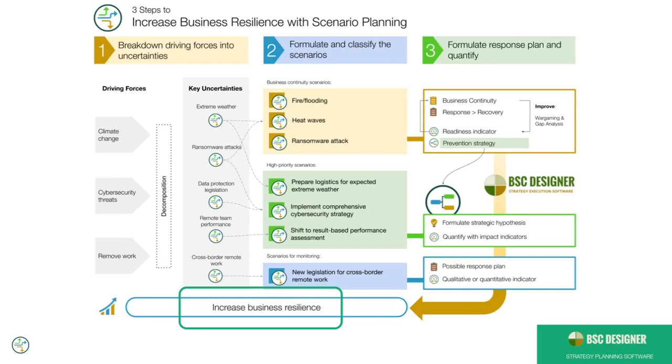The ultimate element of the scenario planning diagram is increase business resilience. Have we improved business resilience by practicing scenario planning? A reasonable assumption is that having a diverse picture of existing driving forces and investing time in discussing scenarios increases the organization's readiness for future challenges.